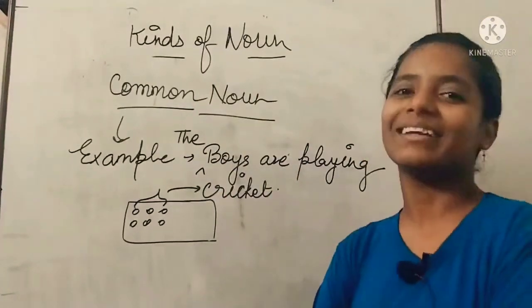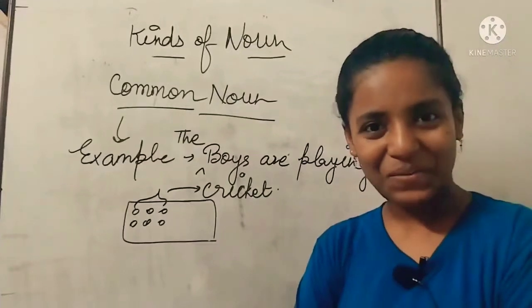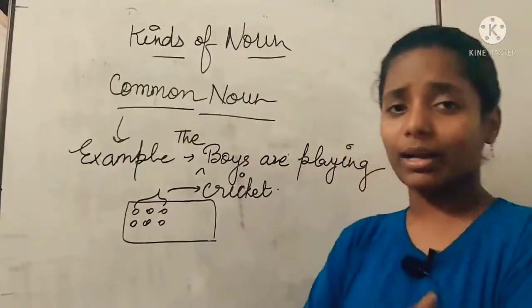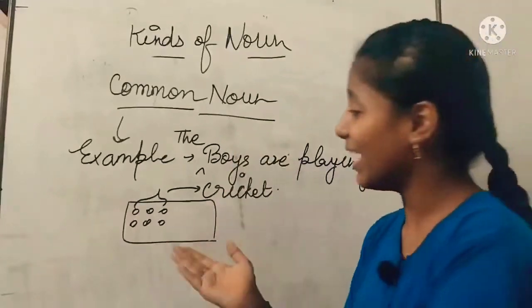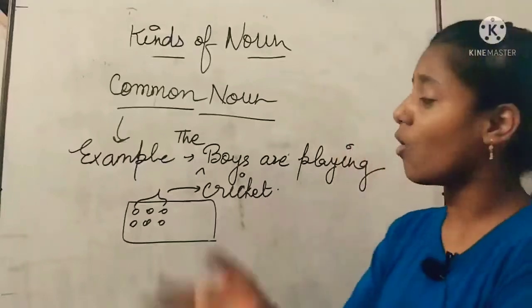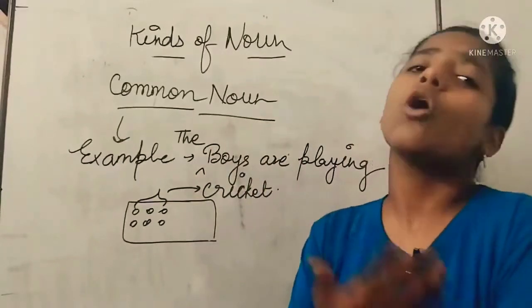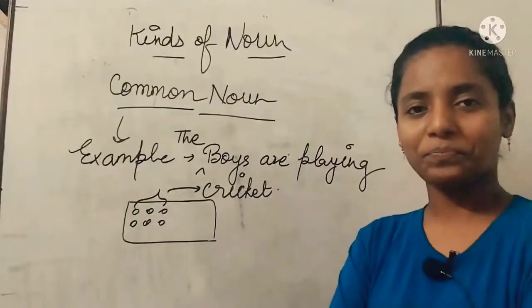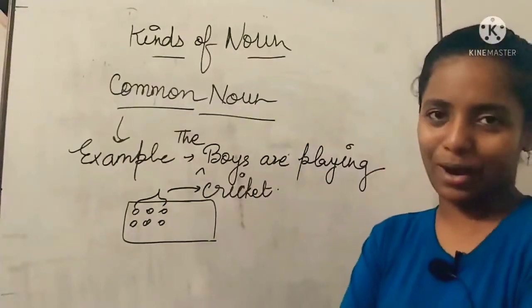Can you tell? Definitely not, because there is a reason. In the sentence, only the grouping word is written, that they are the boys. Not a particular name of any boy is given. So how am I able to tell you the name of your brother? That is only what you need to understand.